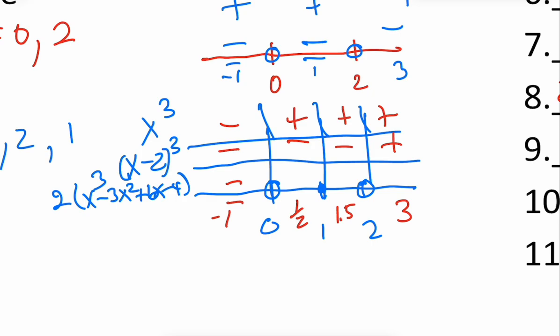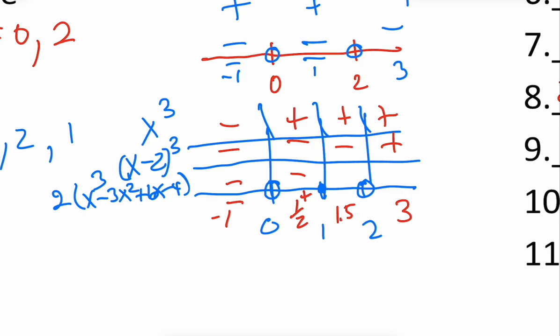Now I'm going to plug in 0.5. If you plug in 0.5, you get a negative. 2 negatives make a positive. That section of our graph is concave up.